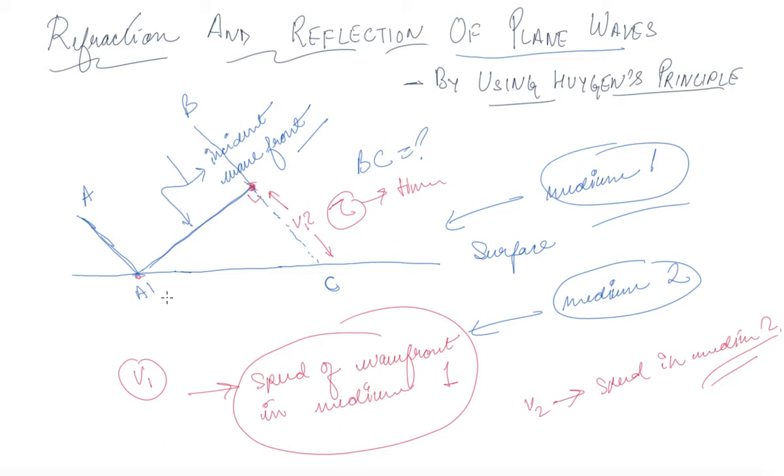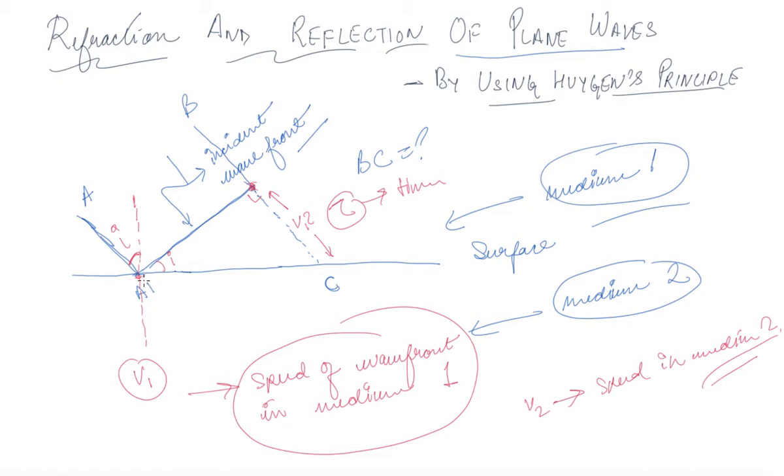Now if I draw a normal at the point of incidence, what I will see is this angle is, say, I. If this angle is I, then this angle will also be I by geometry, that is by triangles.